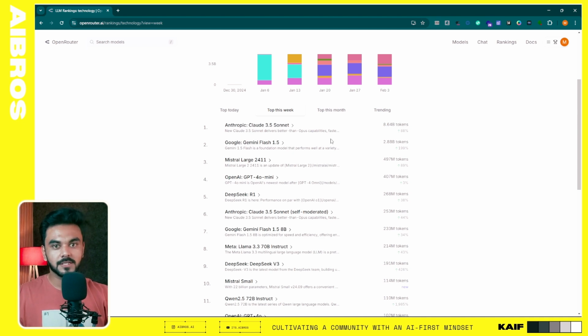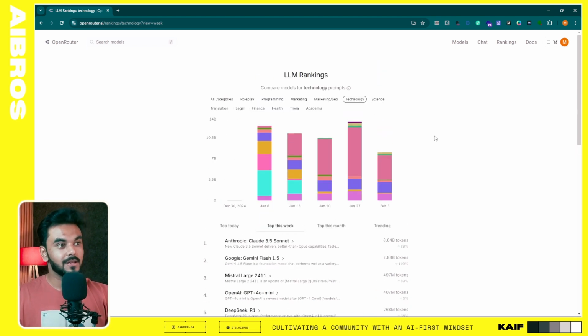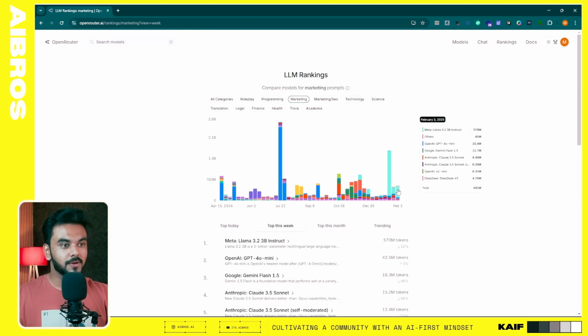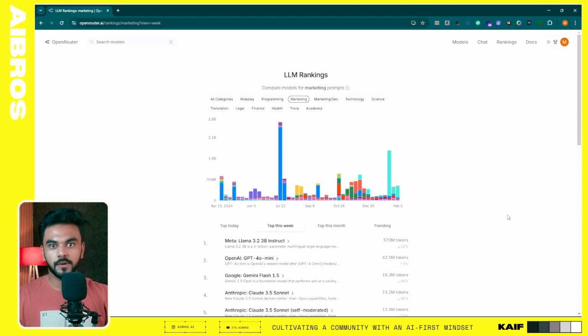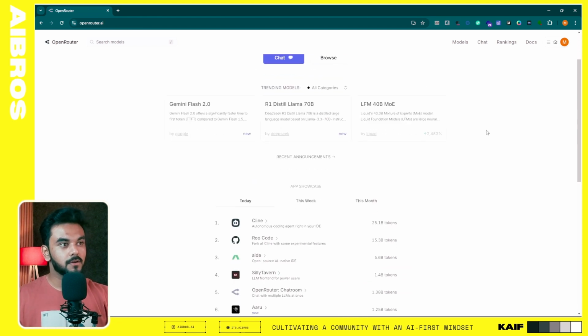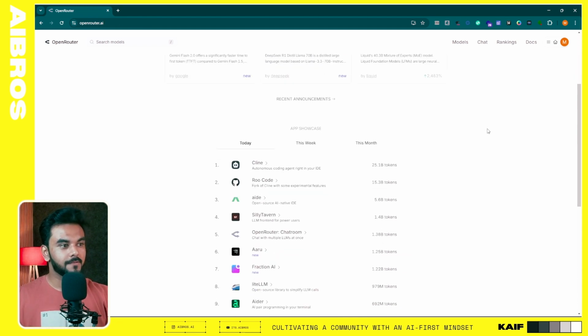You can refer to this list for your use case. Like if you're into marketing and you want the top model which is performing in marketing, then you can just directly hop to OpenRouter, look for the model which is performing the best at marketing, and you can start using that model.